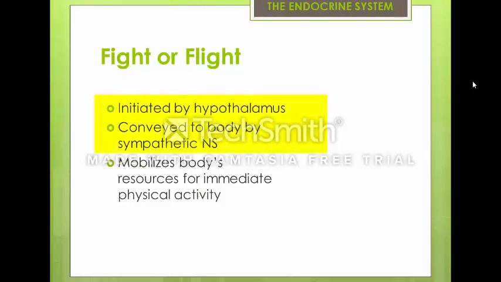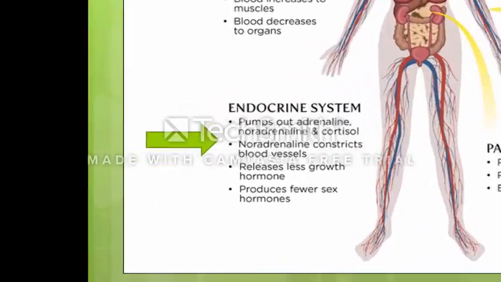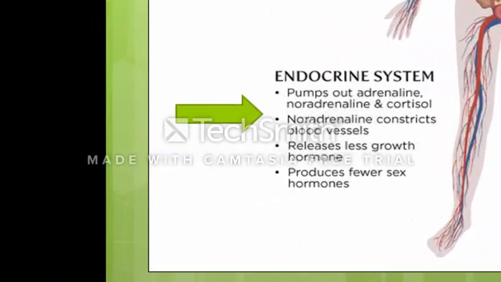The fight or flight response, sometimes known as fight, flight, or freeze, is a response initiated by the hypothalamus and conveyed to the body by the sympathetic nervous system. It mobilizes the body's resources for immediate physical activity. The effects include stimulating the adrenal medulla to produce hormones epinephrine and norepinephrine, which will prolong the effect of the sympathetic nervous system. So the endocrine system pumps out epinephrine, norepinephrine, and cortisol. Norepinephrine will constrict the blood vessels.